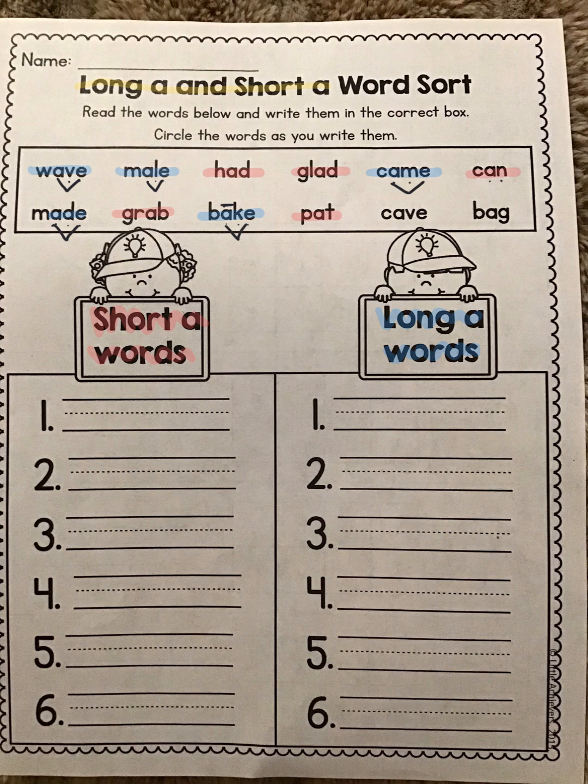A is short. Next word, I see my pattern, one vowel, one consonant, silent E at the end. C-A-V, cave. Then we have short A, b, a, g, bag.